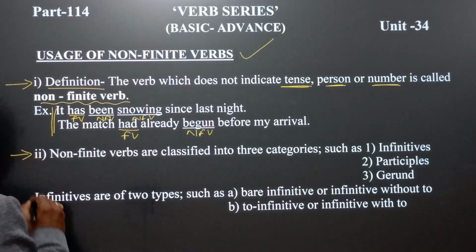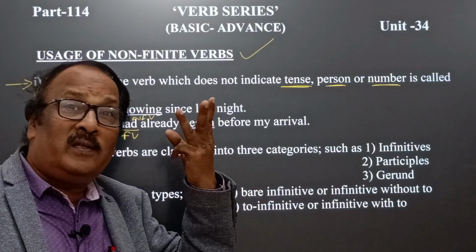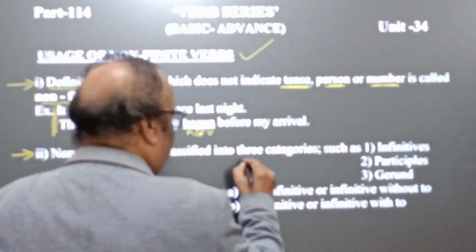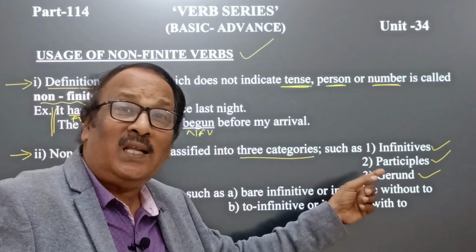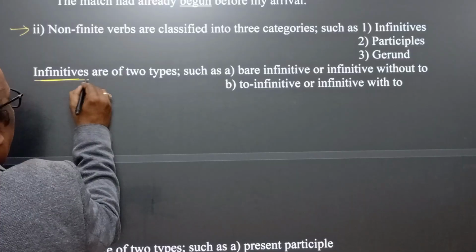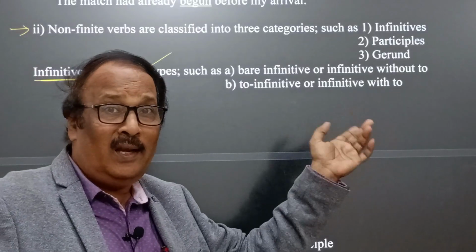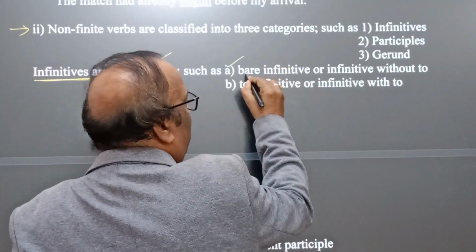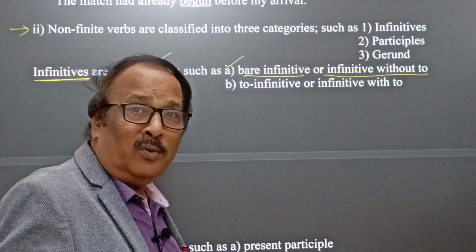The second idea: non-finite verbs are classified into three categories. What are they? The first category is infinitives, the second is participles, and the third is gerund. Infinitives are of two types. One is the bare infinitive or infinitive without to.